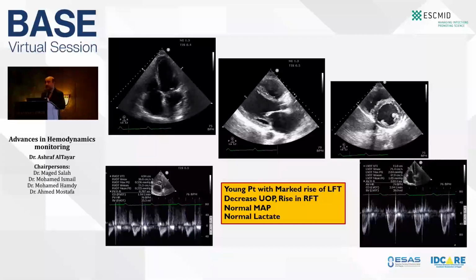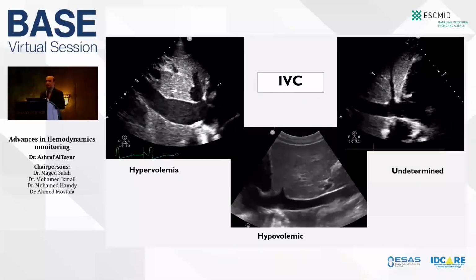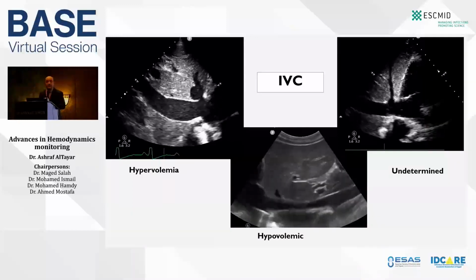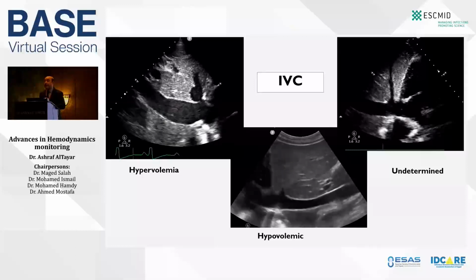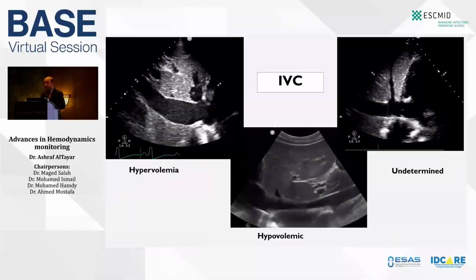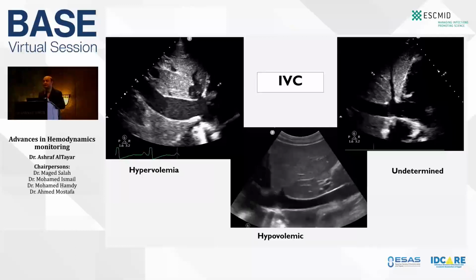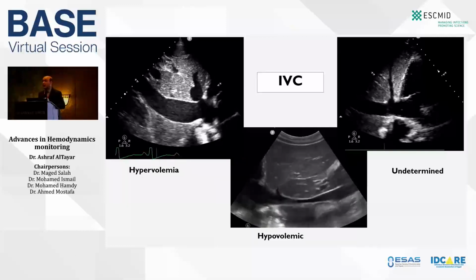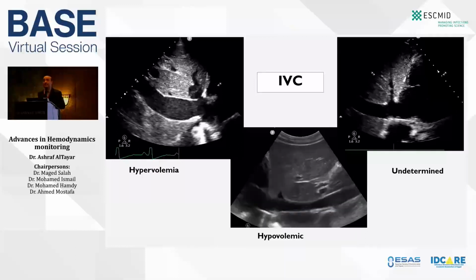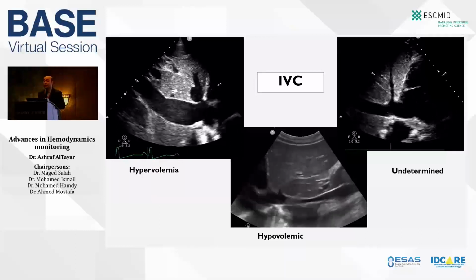There is not much needed to see how plethoric the IVC is in this example, and how intermediate it is on the right, and how small it is and collapsing much at the bottom here, to identify whether the main pipe in this patient's body is empty or full and doesn't need fluid.